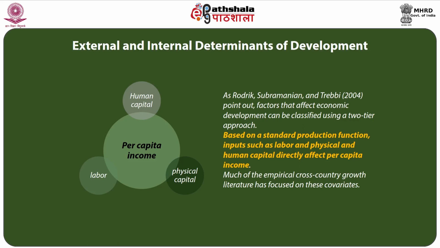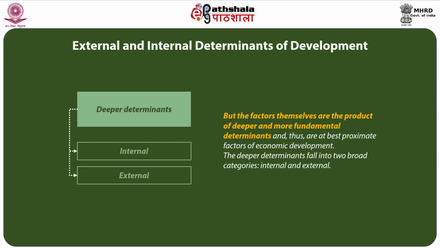Much of the empirical cross-country growth literature has focused on these covariates, but the factors themselves are the product of deeper and more fundamental determinants and thus are at best proximate factors of economic development. The deeper determinants fall into two broad categories, that is internal and external.